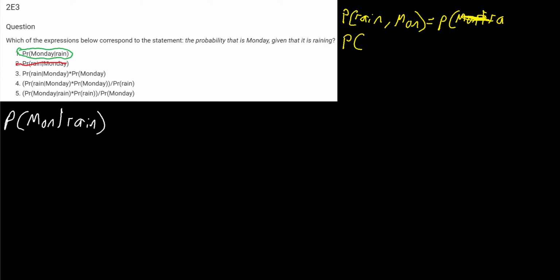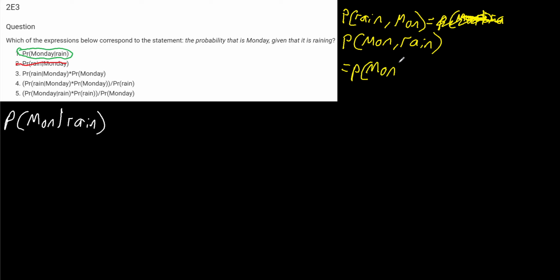Not a conditional probability. Okay, so these two statements are equivalent. It turns out that one of the ways that we can write a joint probability is exactly what we have in option 3. I'm going to reverse the order just to explain it a little bit.